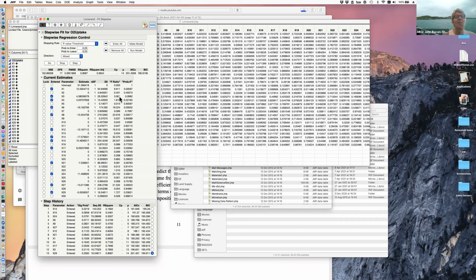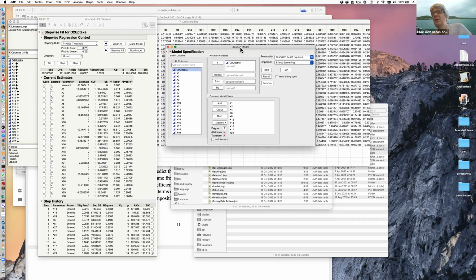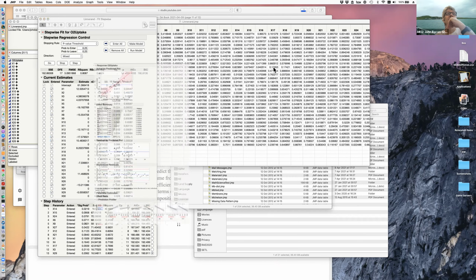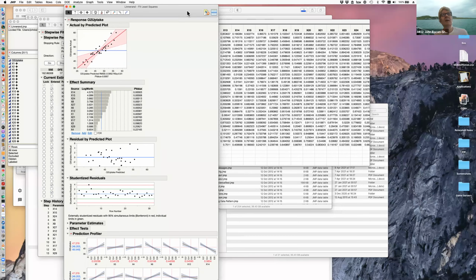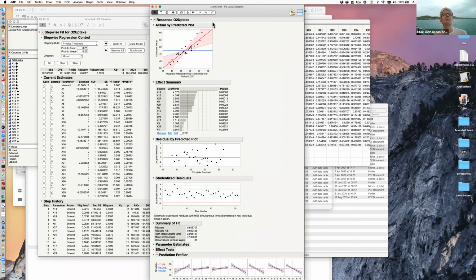Okay. So now we can choose make model. Make model means it takes us back to the standard regression model. And then we can say run. And so we end up with this model that says, again, if we look at the summary of the fit, I get a summary of a fit which has 66% as the adjusted R squared.